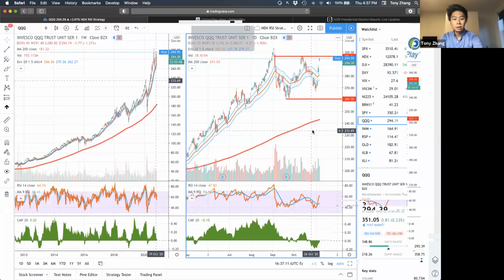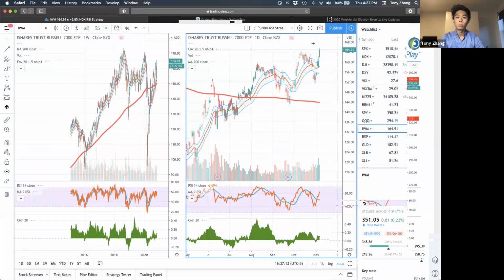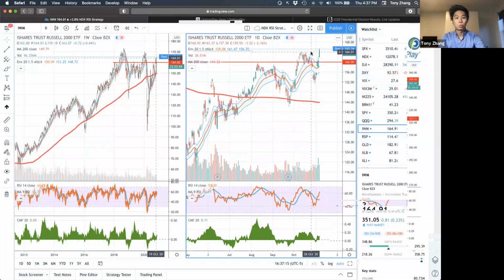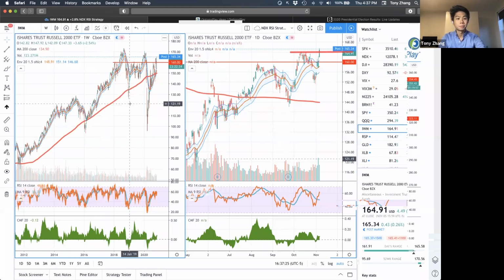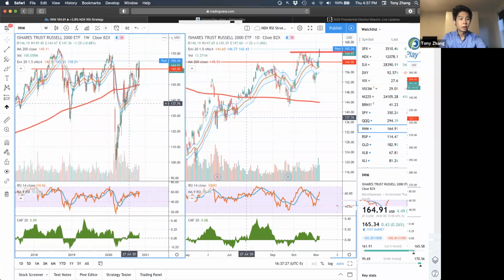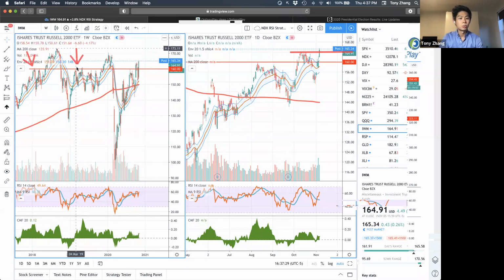But like I said, IWM has broken out above its recent highs. We talked about 160 for quite some time on IWM. If we look at IWM on the weekly chart, as you can see, 160 has been a very strong resistance level for a long time.